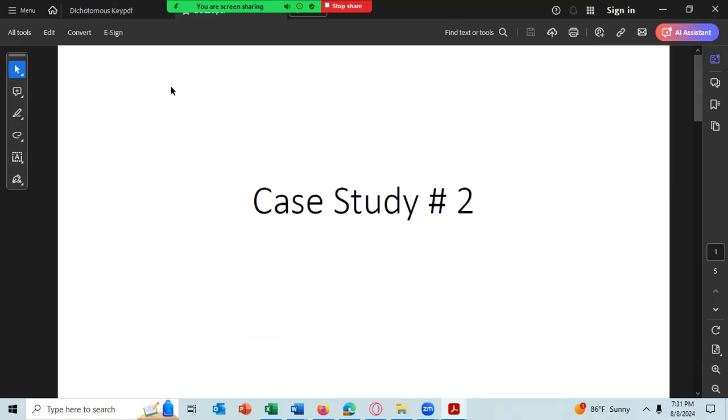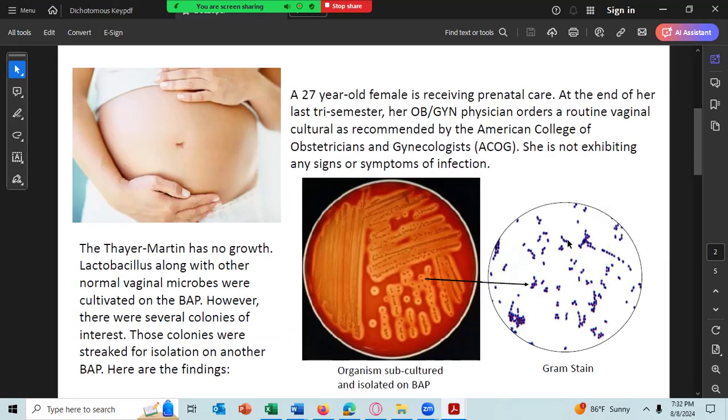Case study 2. A 27-year-old female came in for prenatal care. At the end of the last trimester, her physician orders a routine vaginal culture. The female is not exhibiting any signs or symptoms of an infection.